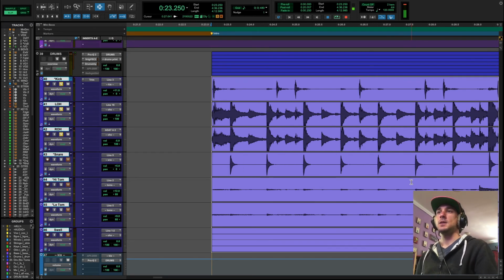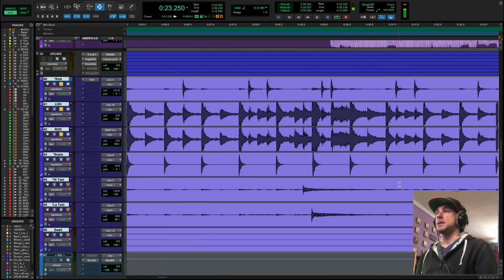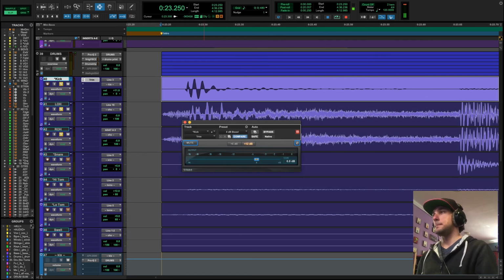Kick gets thin, loses some bottom end, and it just doesn't sound as fat. And that's because the overheads and the kick close mic, they're just not perfectly in phase. Let's try this. Kick and overheads. We'll invert the polarity of the kick.